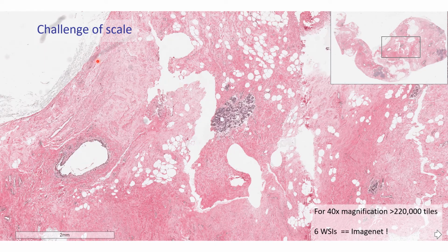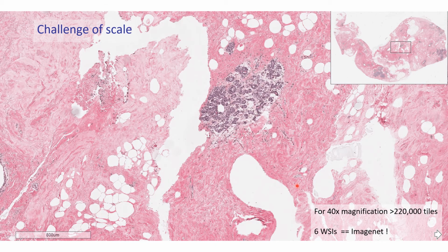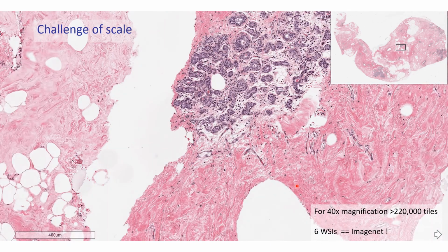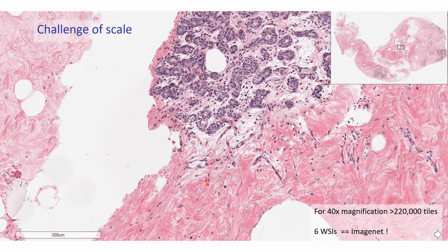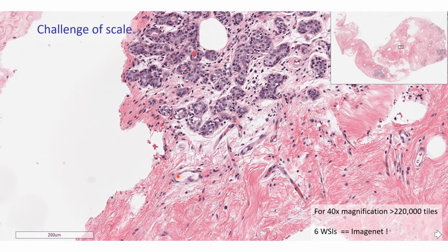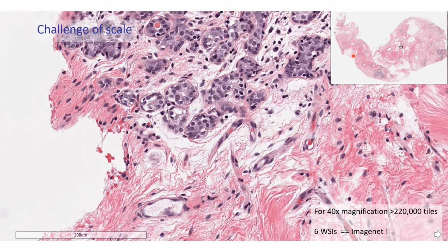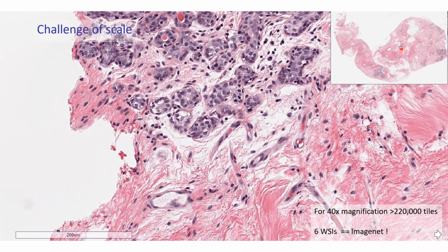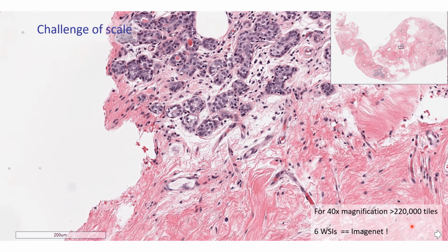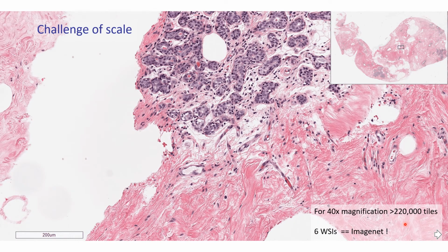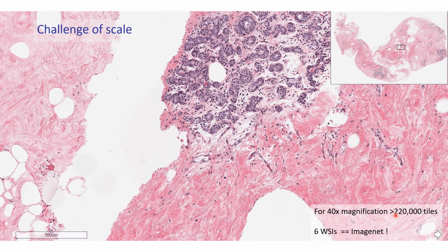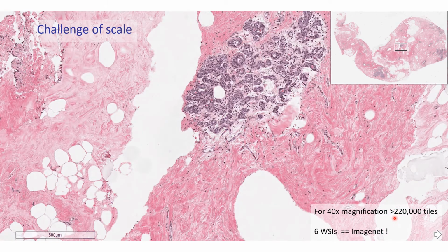And the problem gets even worse when we start to digitize at higher magnification. This is 40 times magnification, which is what we're working with for breast prognostic models. If we want to cover the entire image by tiles the same size as the 224 by 224 tiles used for ImageNet, we get 220,000 tiles.